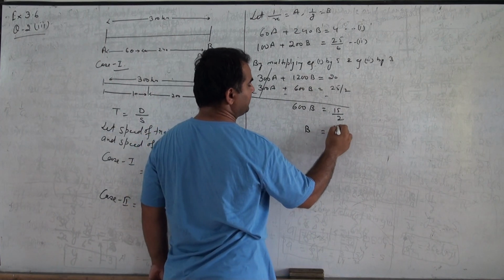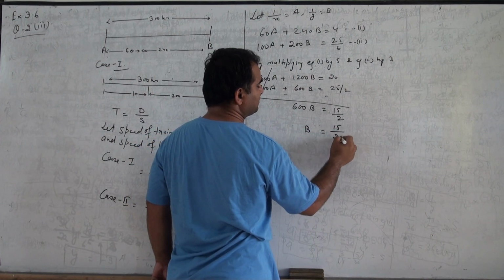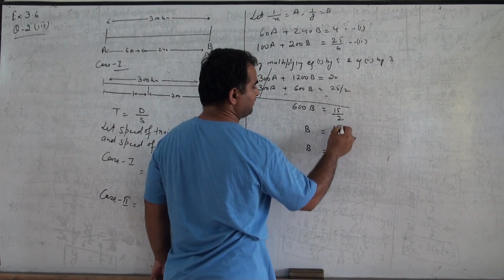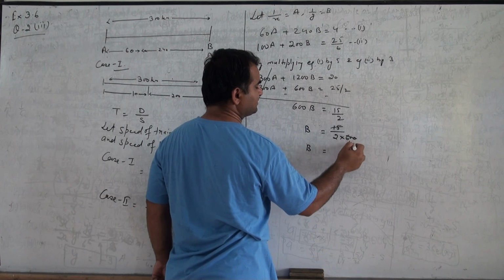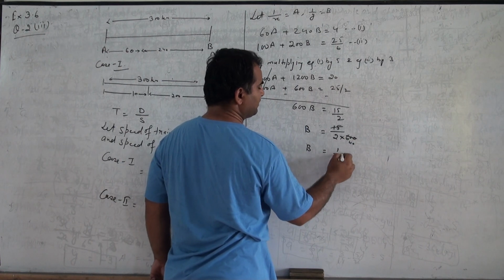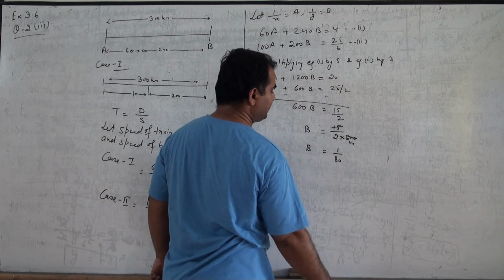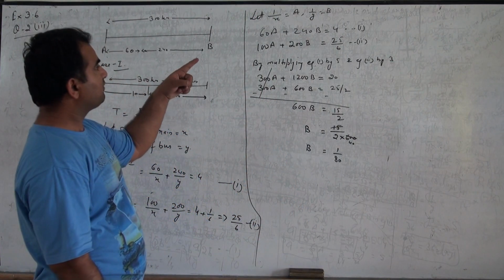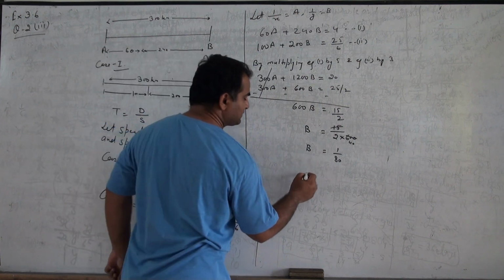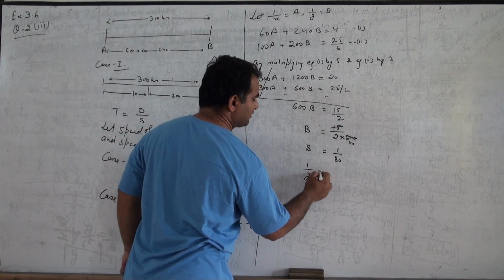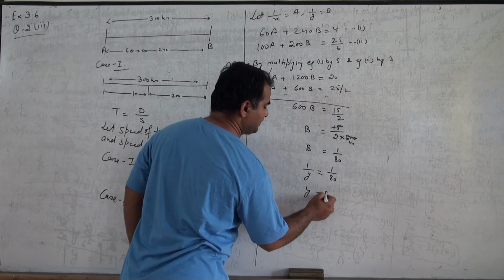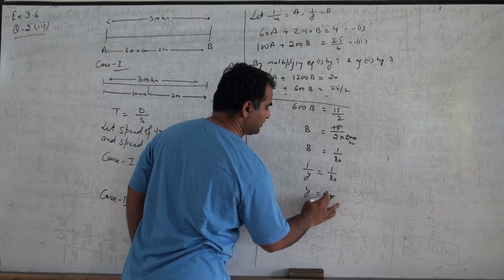b equals 15 by 2 into 600, so 15 fours are 60, and 60 into 3... b equals 180. And b was 1 upon y, so 1 upon y equals 1 upon 80, and y equals 80 kilometers per hour.